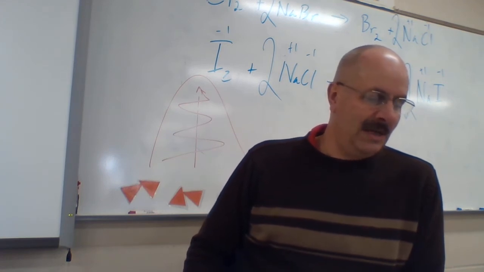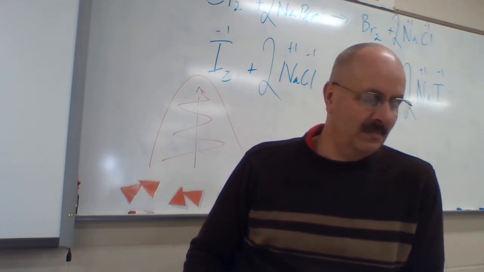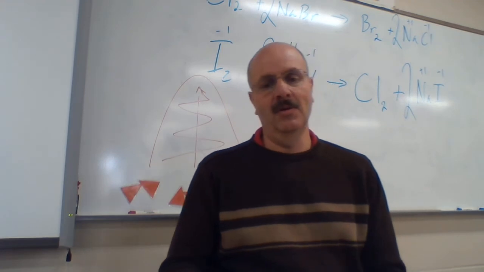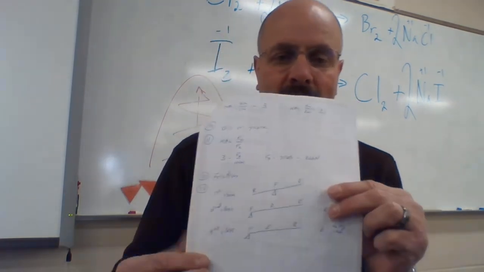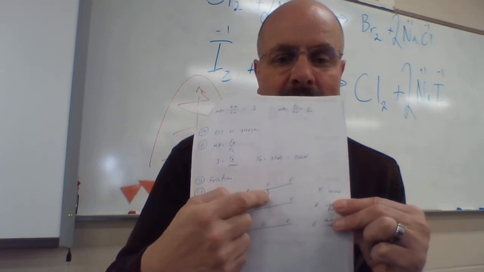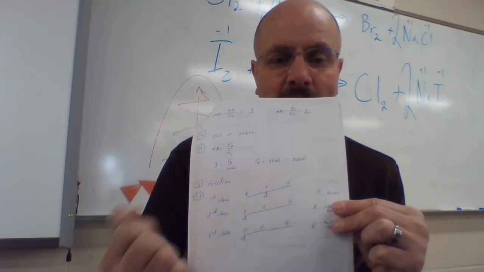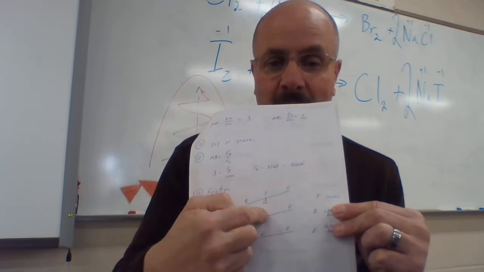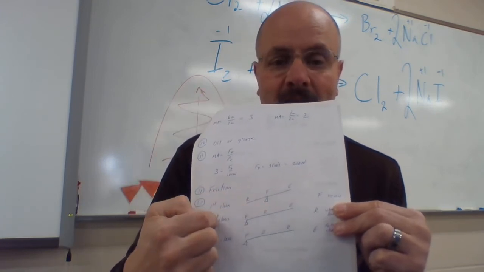Number 13, list or draw the 3 types of levers and label each with resistance, fulcrum, and effort. Remember the idea of a free answer. I'm going to hold these up here, and remember you put the word FRE, F-R-E. If the F is in the middle, then that's a first class lever. That would be like a seesaw. If the resistance is in the middle, that's a second class lever.